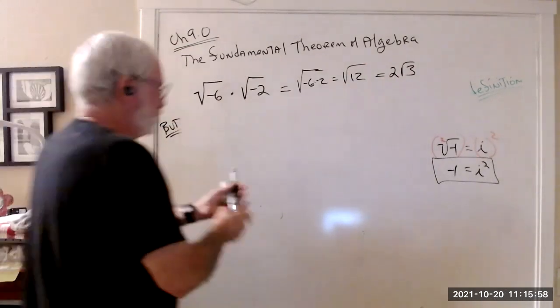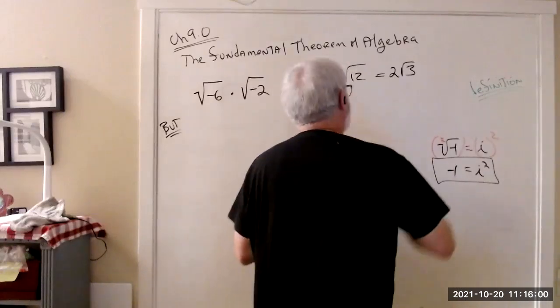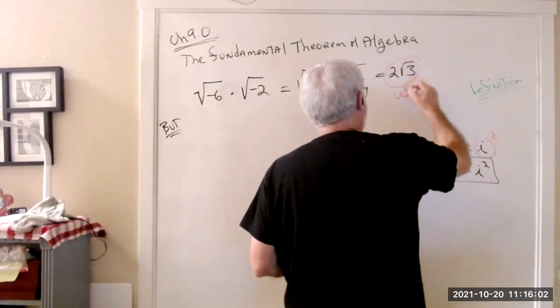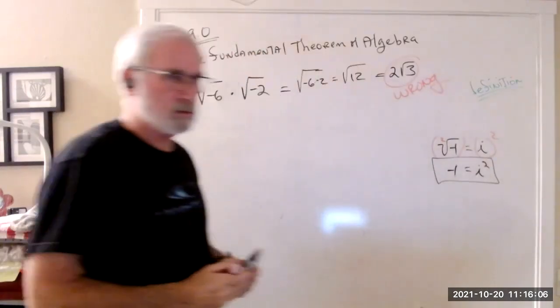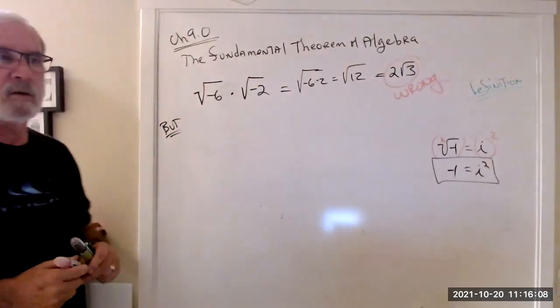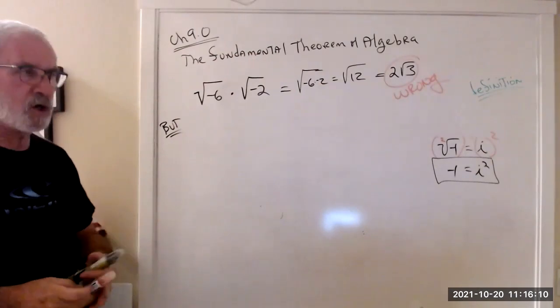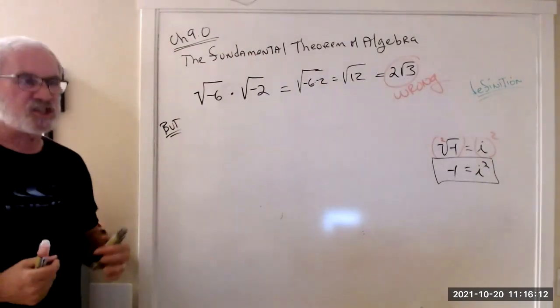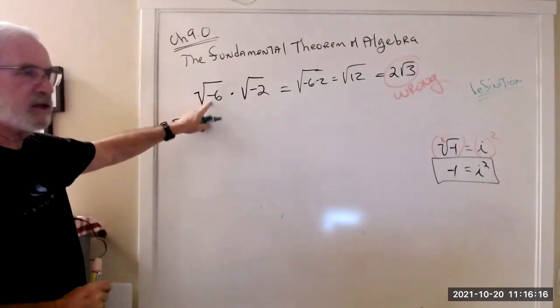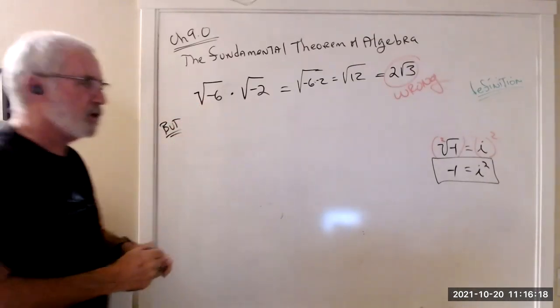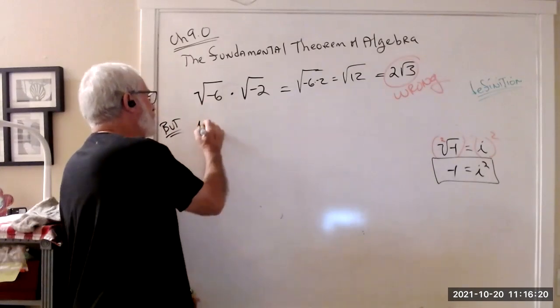But, okay, I should tell you right now, this is wrong. Because I told you a few minutes ago, the instant you see a negative inside of a square root, you have to take it out and call it i.